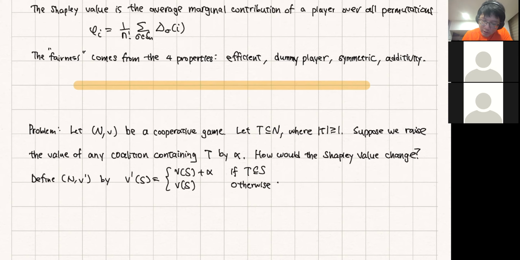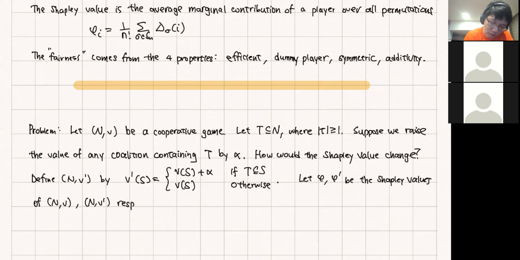For notation purposes, I'm going to let phi and phi prime be the Shapley values of v and v prime, respectively. And we want to write phi prime in terms of phi.